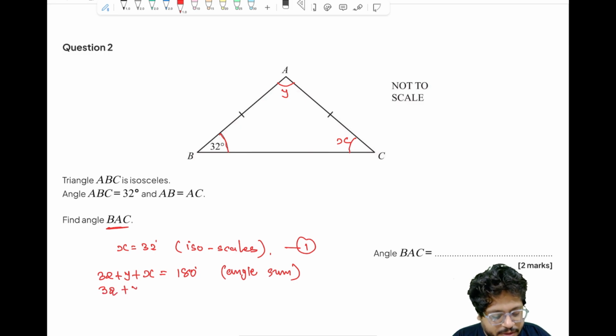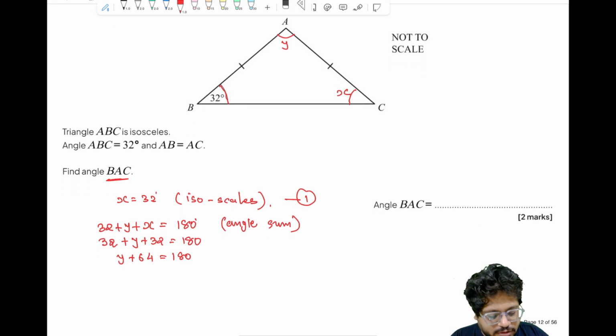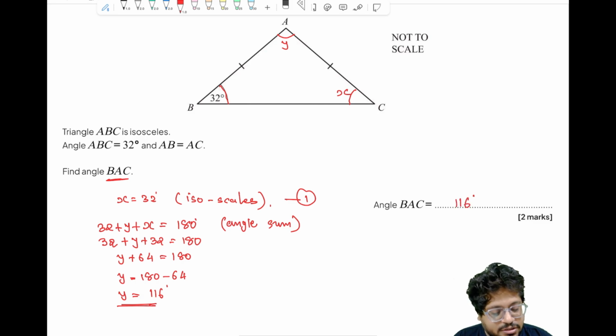So 32 plus Y plus X, which is also 32, equals 180. 32 plus 32 is 64, so Y is equal to 180 minus 64, and if you do that, that will be 116. So angle BAC is 116. Clear?